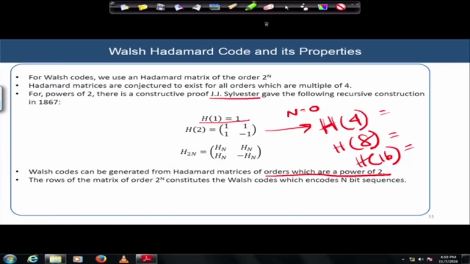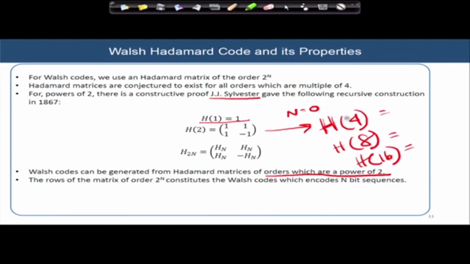So all the properties of the Hadamard matrix that we have already discussed should hold good once the Walsh Hadamard code is generated. You may have a look at all those properties once you have constructed the higher order Walsh Hadamard codes.